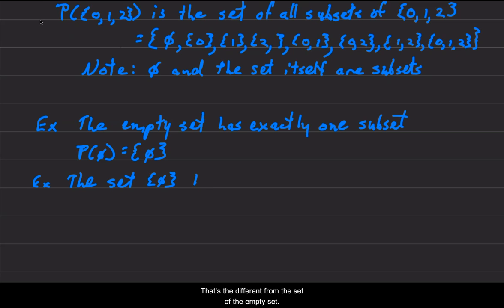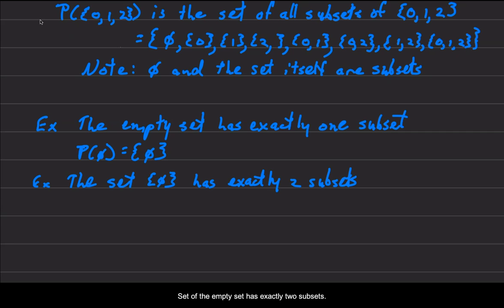The set of the empty set has exactly two subsets. It has the empty set and the set itself, which is the set of the empty set.